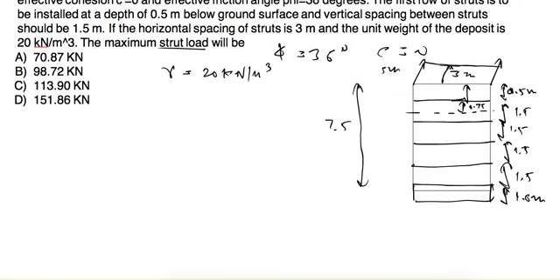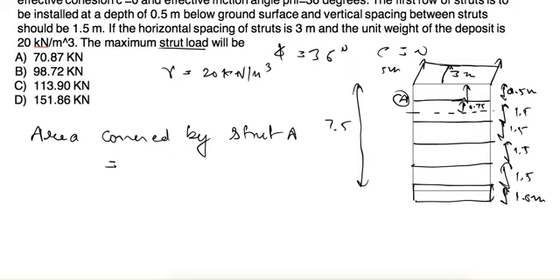So we can find out the area covered by struts. Let's say this is the first row, so this is A. The area covered by strut A will be equal to 3, that is the horizontal length, and then the vertical will be 0.5 plus 0.75, so it is equal to 3.75 meter square.